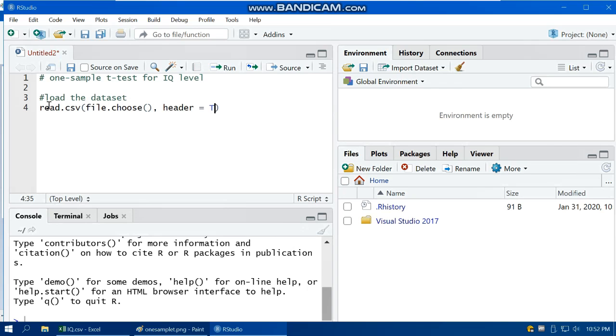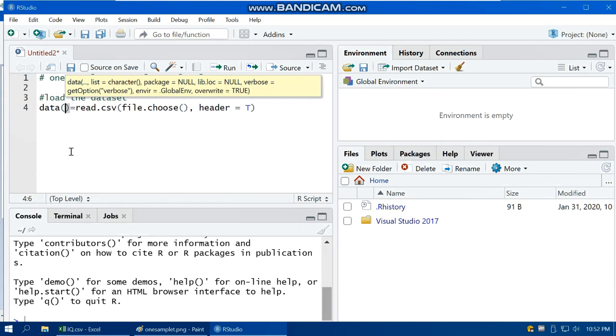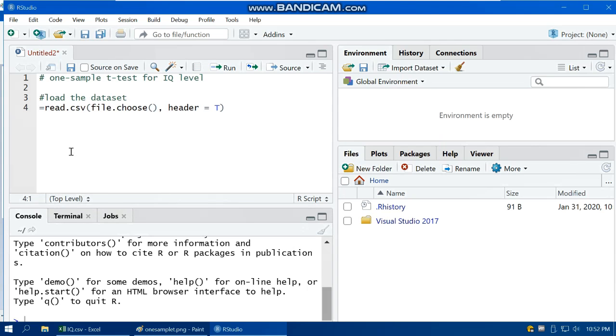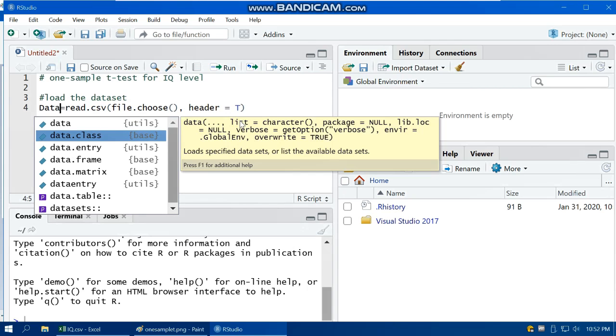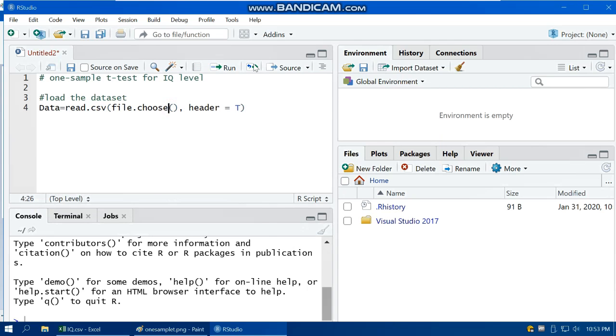And before I run this, I save this in an object with the name of data. Okay, and then click run.